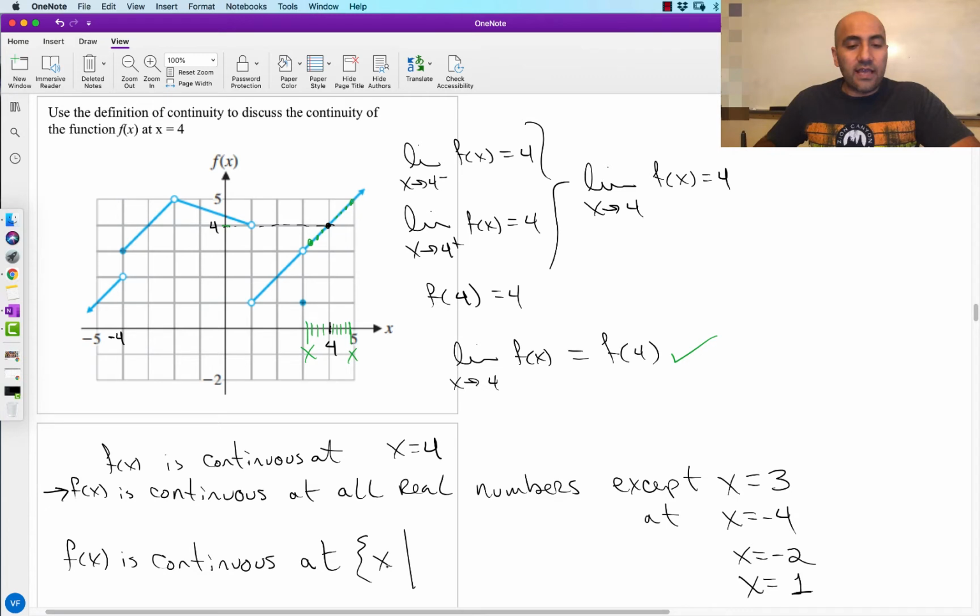So you can begin by saying x is a real number, and then you say x cannot be equal to 1, x cannot be equal to 2, -2, -4, and +3. So you can just kind of bring it all together this way.